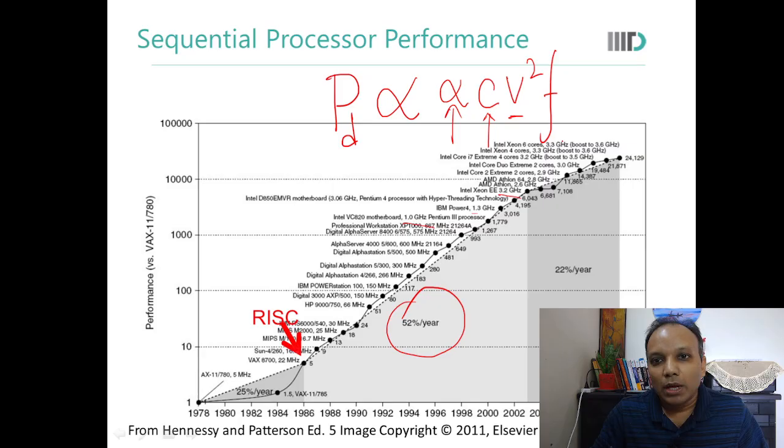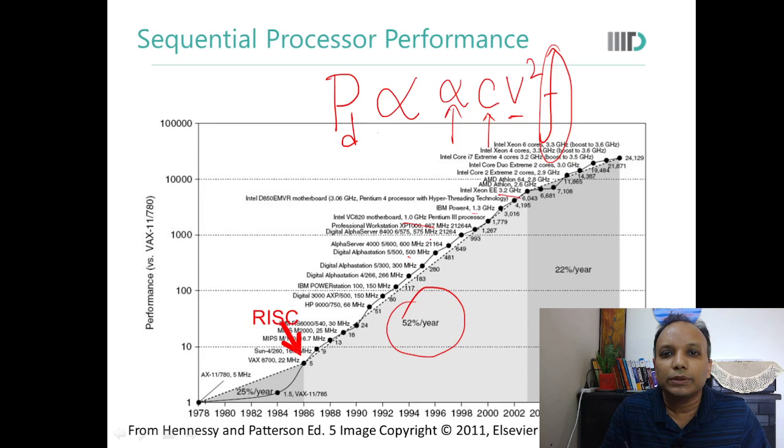And then this is the important factor, frequency, and this frequency is what we have been seeing here. So, 500 megahertz or 1.3 gigahertz, and we can see that the power dissipation is directly proportional to frequency.